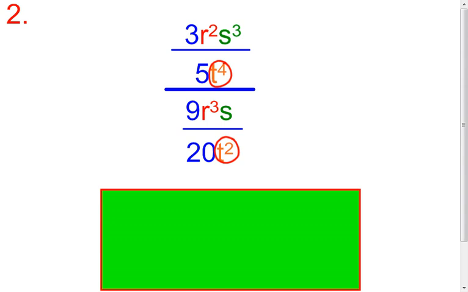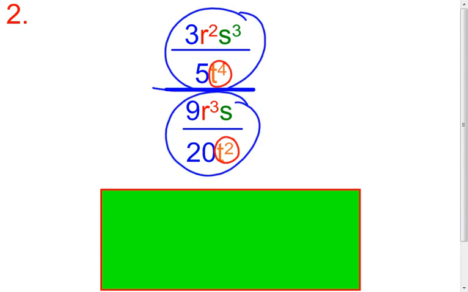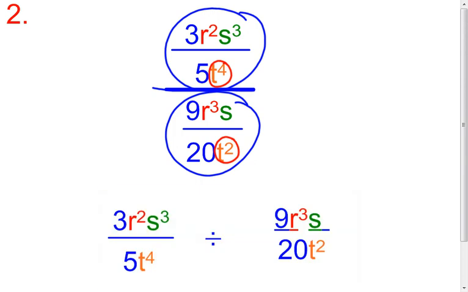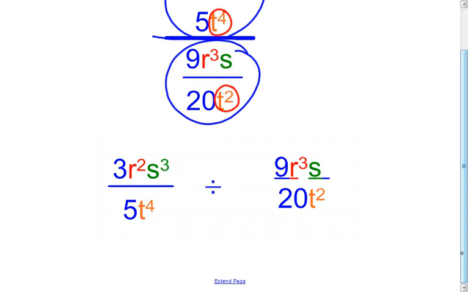Okay, so t can't be 0. And then I know that this looks a little bit different, but what this really is is this fraction divided by this fraction. So another way to write that would be like this, the top divided by the bottom. And then of course you know that you can change that division to multiplying by the reciprocal.